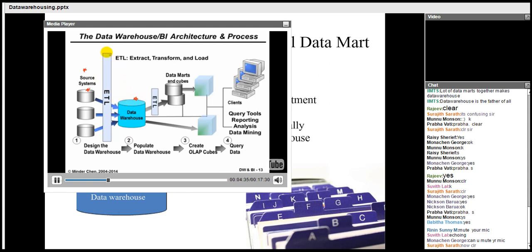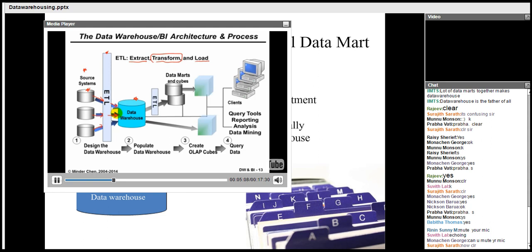The process is called ETL: extract, transform, and load. You extract data from multiple sources. You will perform some kind of transformation to clean up the data, converting, for instance, the currency to a standard currency such as US dollar. And eventually in batch mode, we will load the data into the data warehouse.